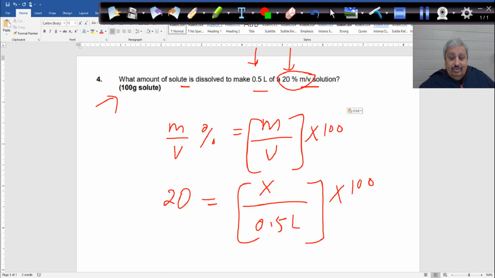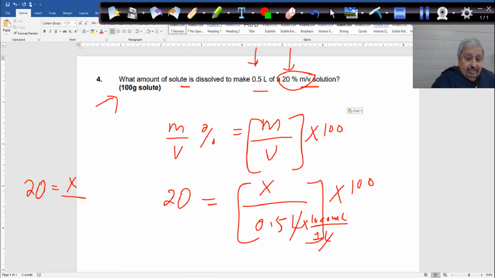And for liter, we know we have to get 1,000 milliliter over 1 liter. Liter cancels out. Because this has to be mL, correct? The volume in mL and the mass in grams. So then cross multiply. So you have 20 equals x, equals 0.5 multiplied by 1,000 multiplied by 100.